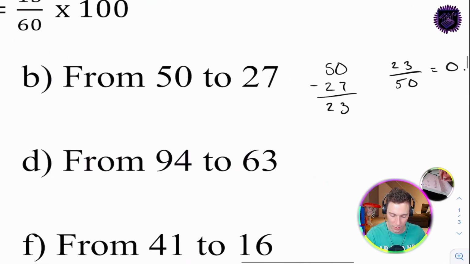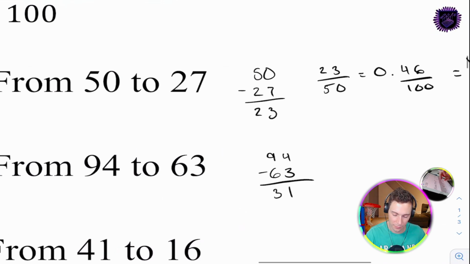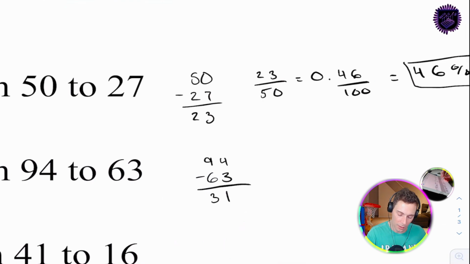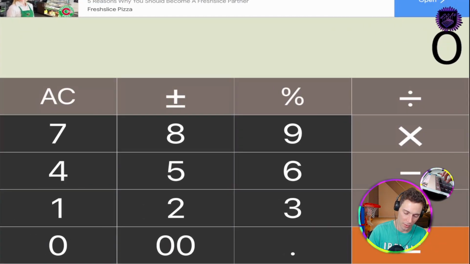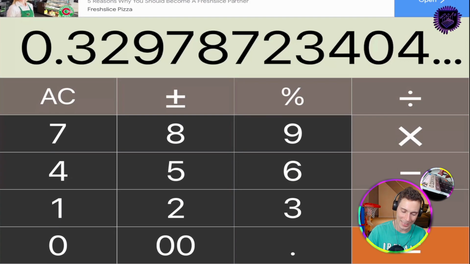Okay. D, 94 down to 63. So we're finding our difference, 94 subtract 63. This is going to be 31. Then we have 31 over 94. And this is going to be close to 33%. 31 divided by 94 is equal to 0.329.